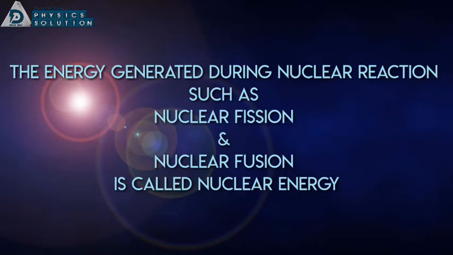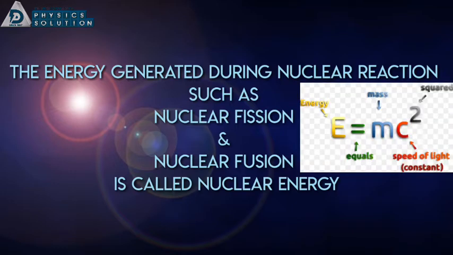The energy generated during a nuclear reaction such as nuclear fission and nuclear fusion is called nuclear energy. Nuclear fusion is a nuclear reaction in which lighter nuclei combine to form a heavy nucleus. The difference in mass between the original nuclei and the product nuclei gets converted into a tremendous amount of energy as per Einstein's mass energy relation.